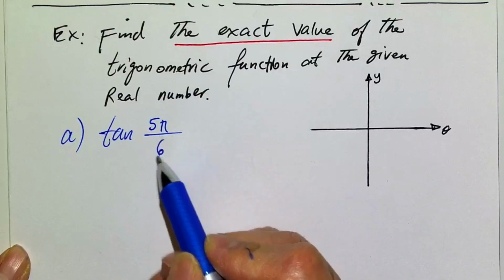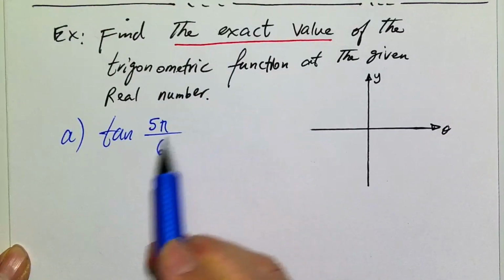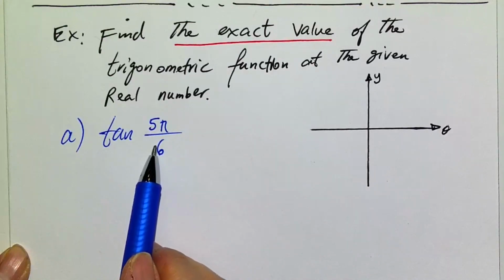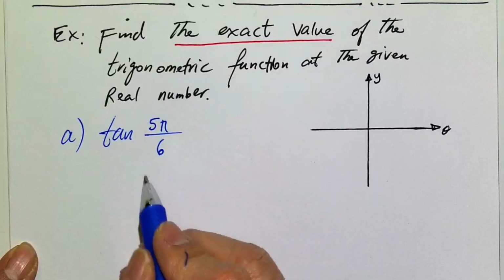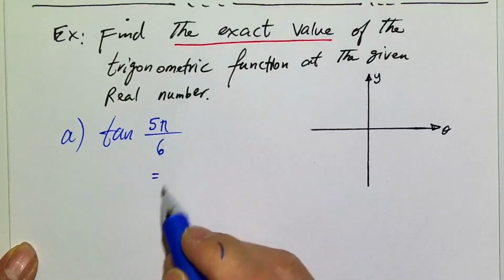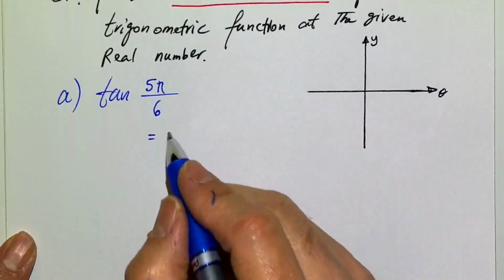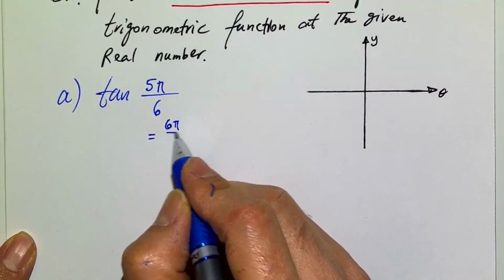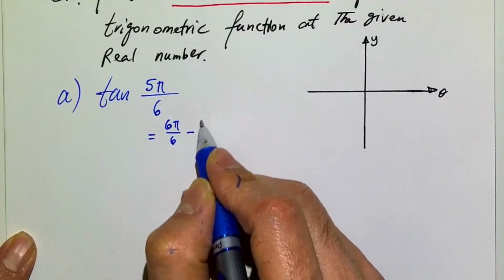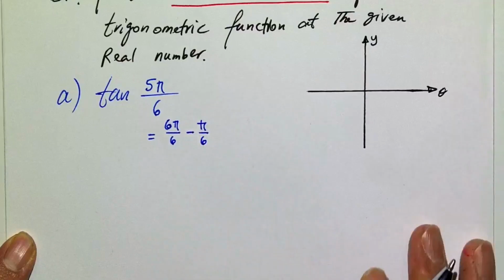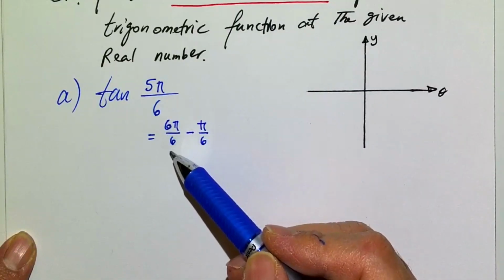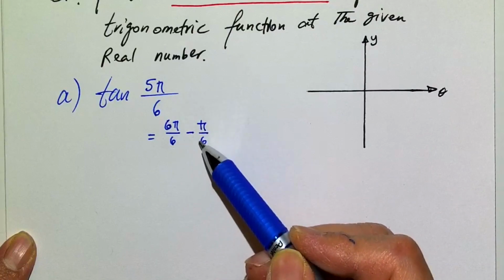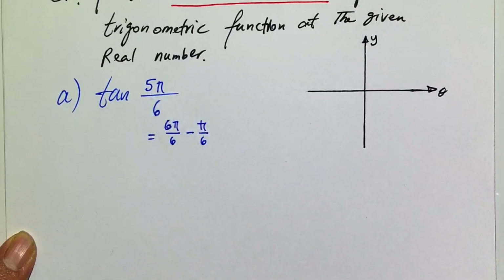So where is this angle? If this was 6 pi over 6, let's translate it, right? So we can say 5 pi over 6 is equal to 6 pi over 6 minus pi over 6, right? You can break it up into this. 6 pi over 6 is just pi, minus pi over 6 is going to give you 5 pi over 6, right?